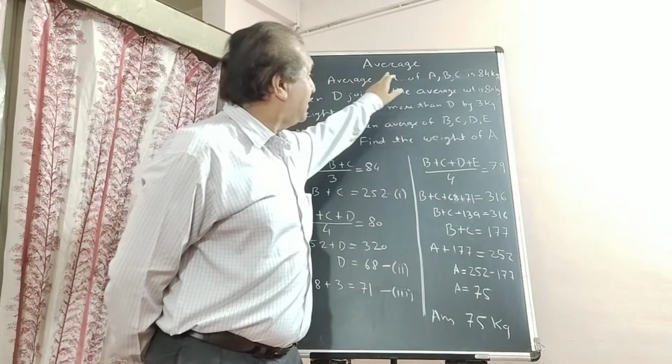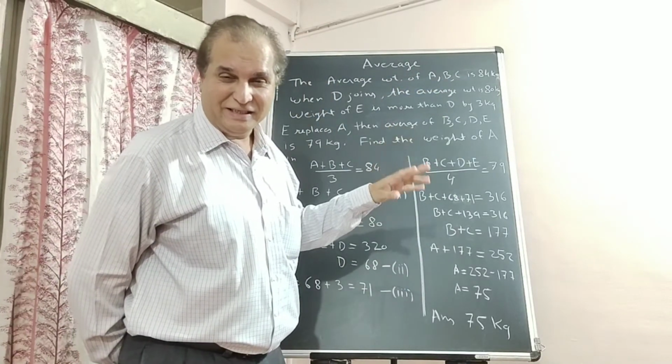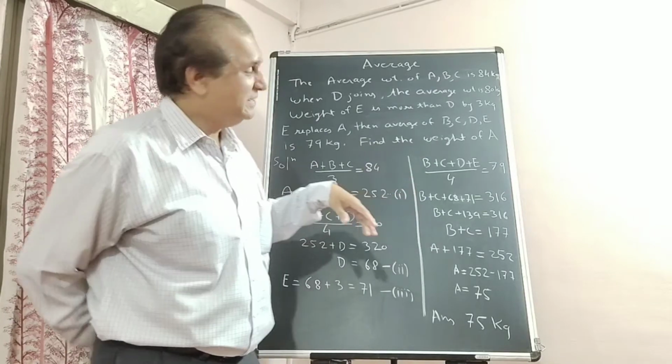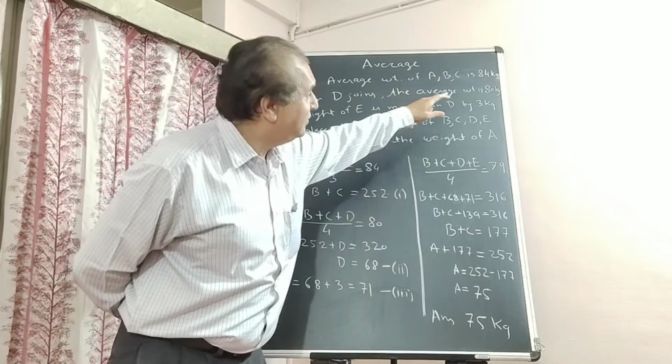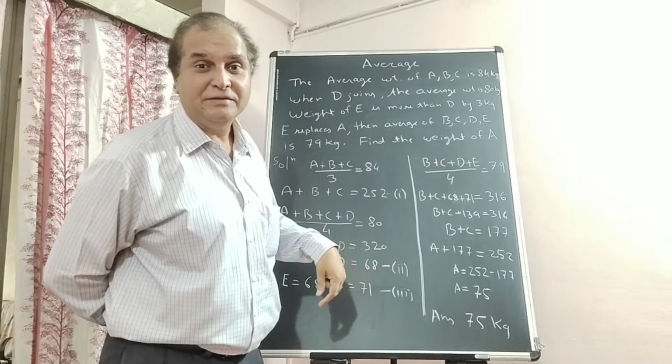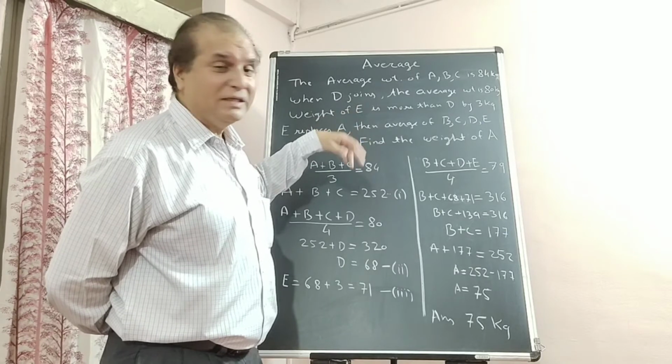The average weight of A, B, C is 84 kg. 3 persons A, B, C. I am not giving any names. Okay. When D joins, the average weight is 80 kg. Now they become 4, but the average has reduced.